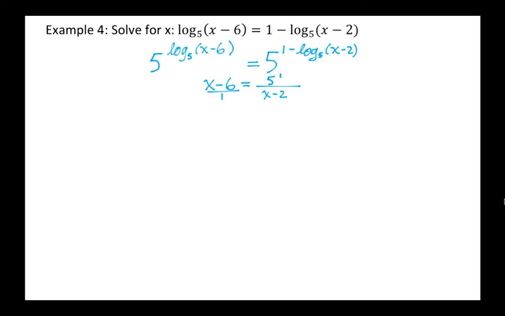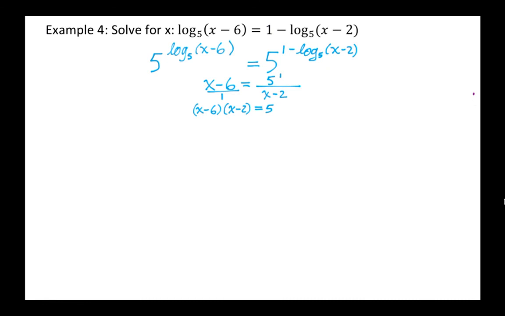And so now what I'm going to do is put the x minus 6 over 1, so we see we have what's like a proportion here, and we can cross multiply to get equivalent things. So I do x minus 6 times x minus 2 and 1 times 5 to the 1.